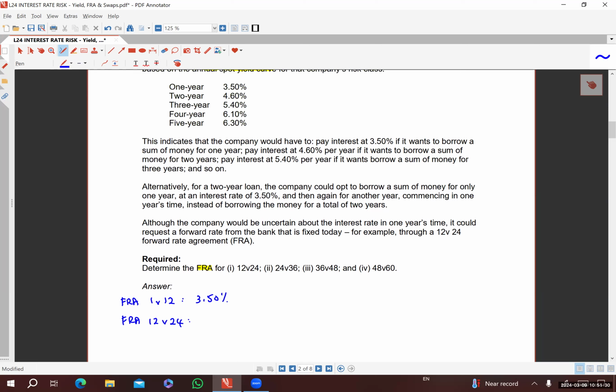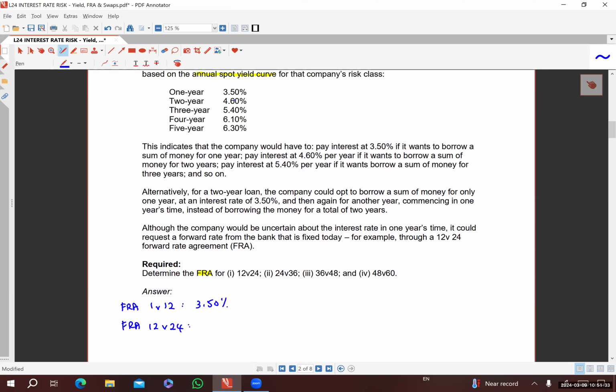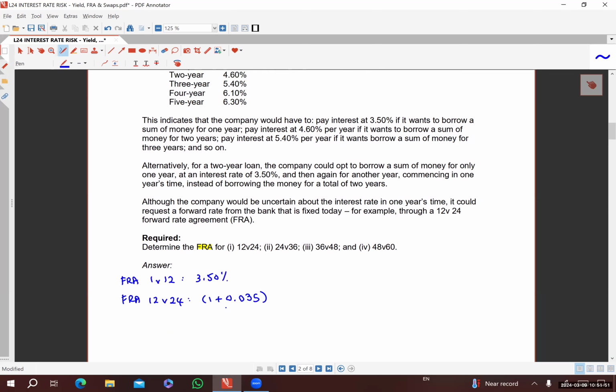Like this: if I invest $1 today, I will earn 3.5% yield, 0.035. So at the end of 1 year, I will have $1.035.